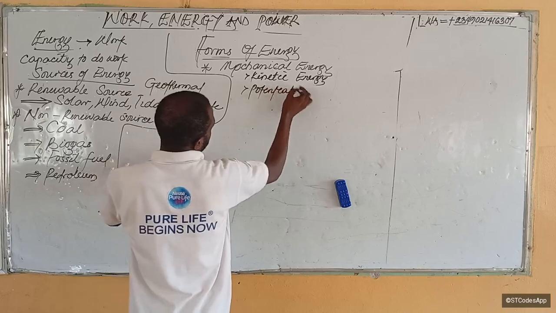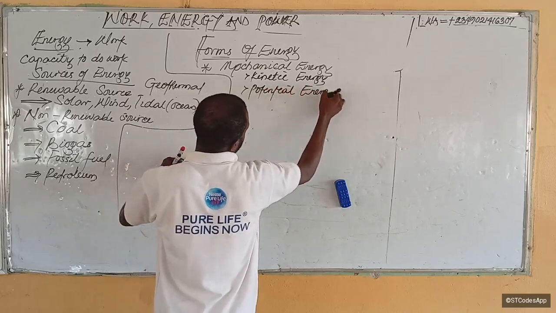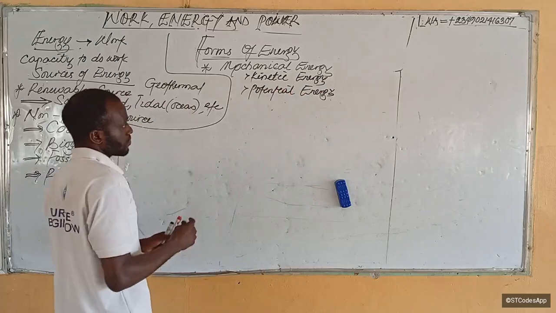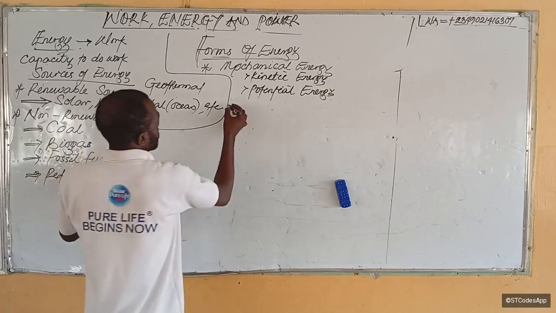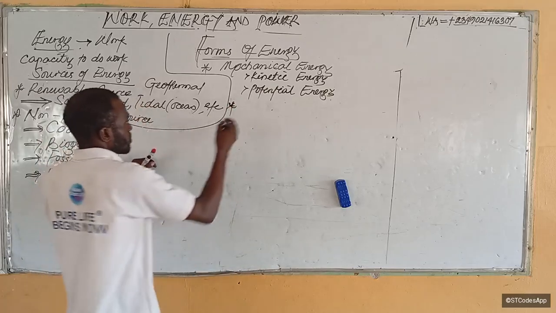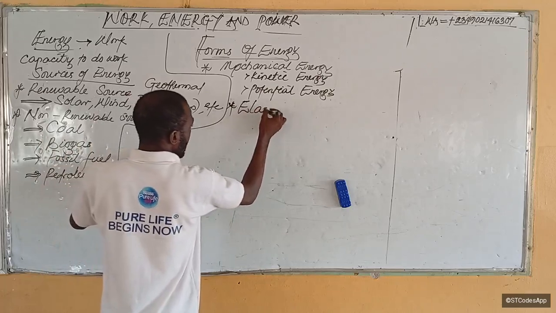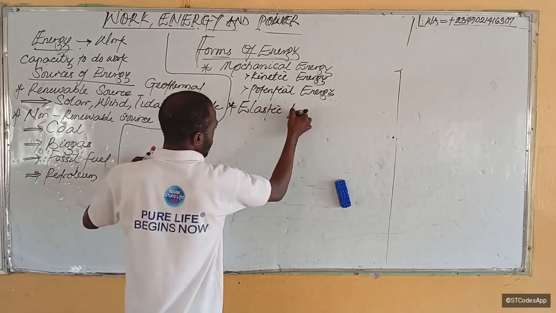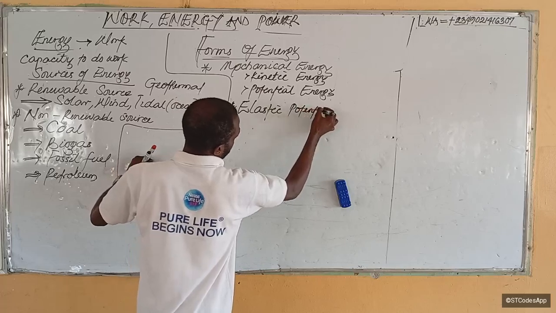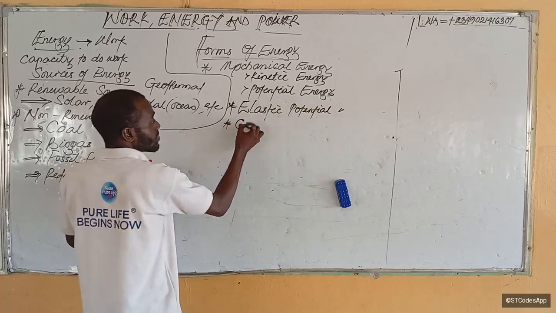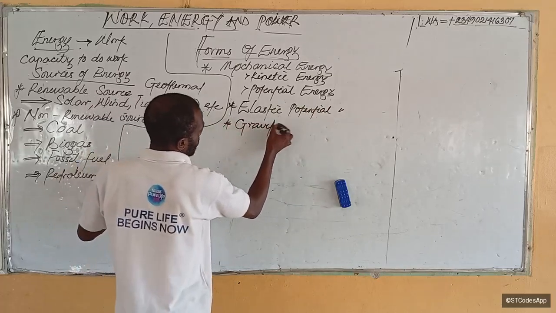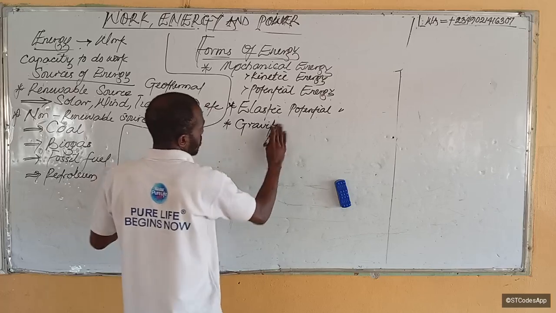Then the potential energy are of different forms. In this case, we just deal with mechanical potential energy. Now, we have another form of energy, elastic potential energy. There is gravitational potential energy, the one that is very important.